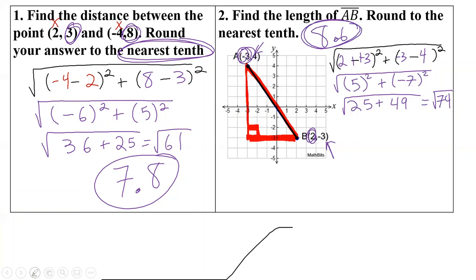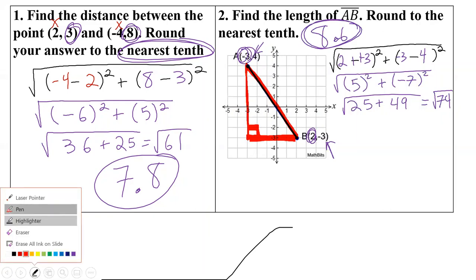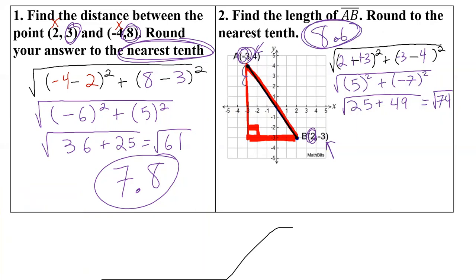So I'm going to count 1, 2, 3, 4, 5, 6, 7. This is 7. 1, 2, 3, 4, 5. Here I have 5. So if I want to find x, we know that x squared equals 7 squared plus 5 squared.